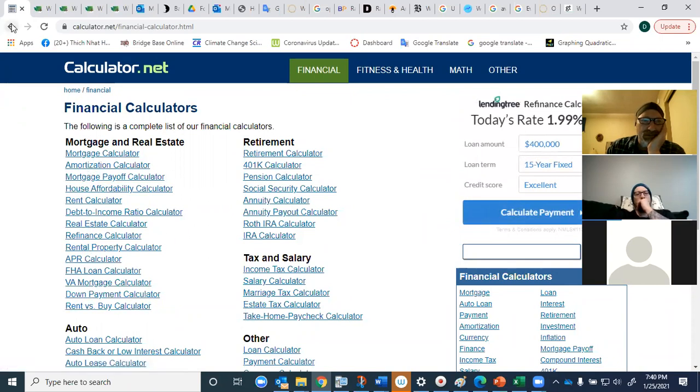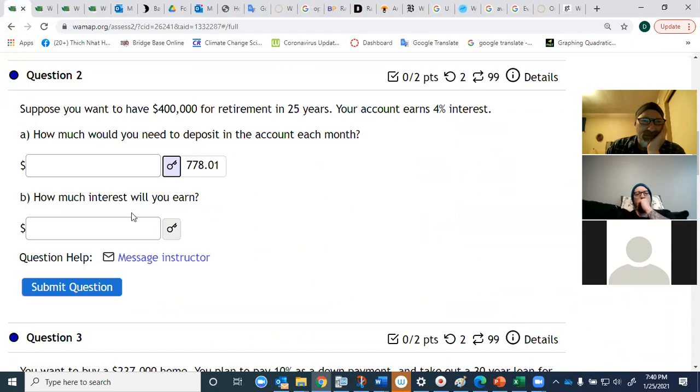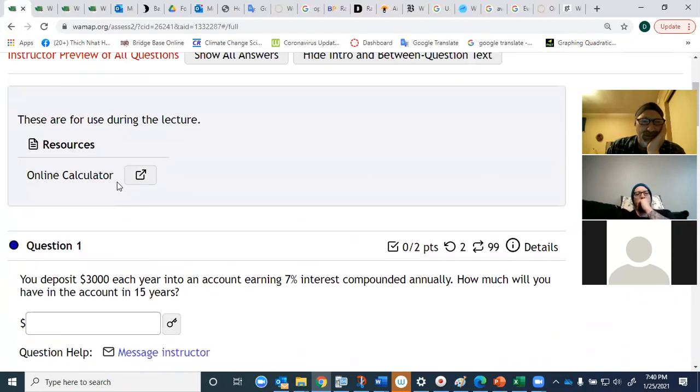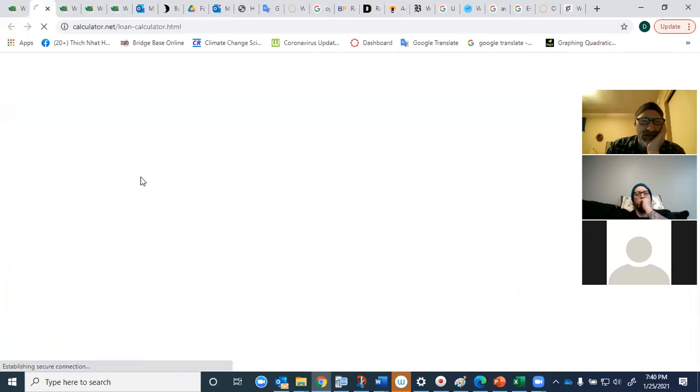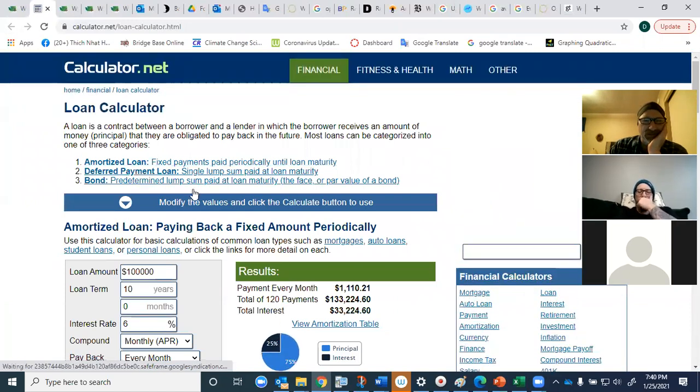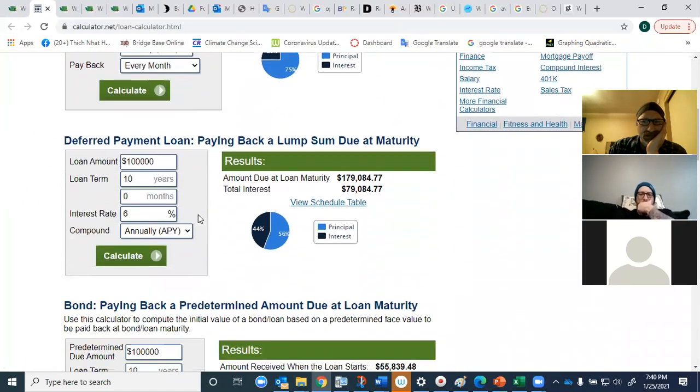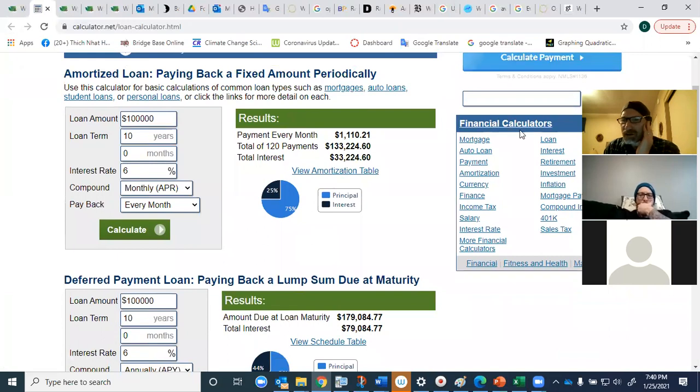Now this is not what I wanted. Let me go back to this. Okay, if we hit online calculator, there's the loan. Oh, here's other financial calculators: loan, interest, retirement. Yeah, investment. We'll just click investment.